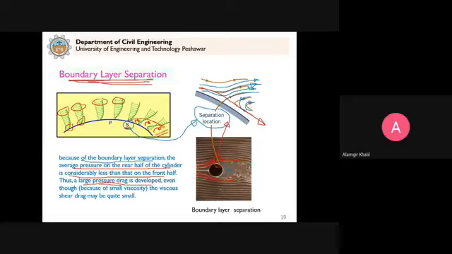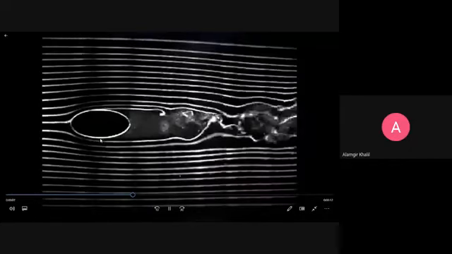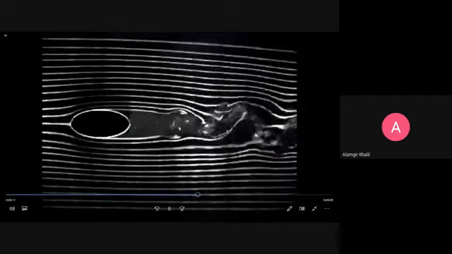You can see the flow past this object here. This is flow past an ellipse. You see that the flow has separated here. Separation has taken place here. So what will be the effect of this?